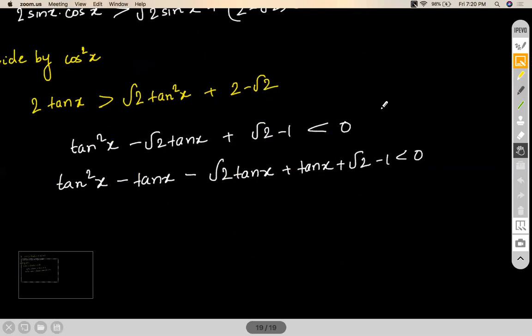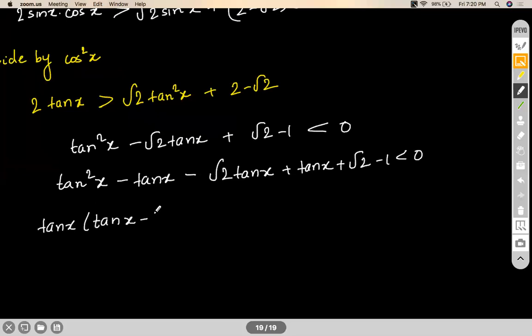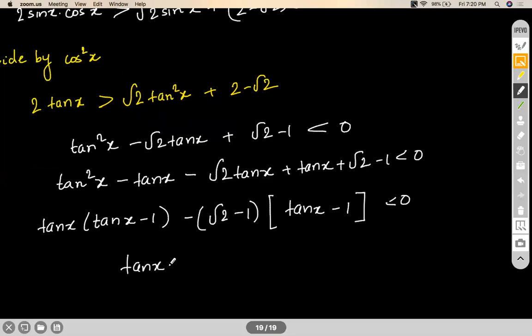Okay. So this you can write as tan x into tan x minus 1. In these two terms, you can actually take negative root 2 minus 1 common. So that will give you again tan x minus 1. Check this out. So this gives you tan x minus root 2 minus 1, tan x minus 1, less than 0.